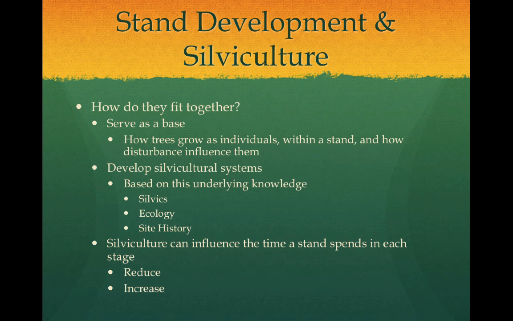So we can push a stand using silvicultural techniques towards the old growth stage of stand development, so we can reduce time in other stages. We can also increase the time a stand stays in a certain stage. So we can use these silvicultural systems to manipulate how a stand develops.